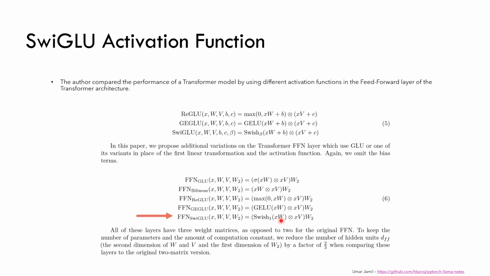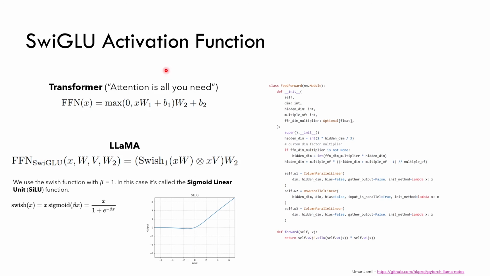So to make the comparison fair, the author reduced the size of these matrices such that the model's total number of parameters remains the same as the vanilla transformer. In the vanilla transformer, we had this feed forward network, which used the ReLU function. So this max(0, ...) is the ReLU function, and we only had the 2 parameter matrices.